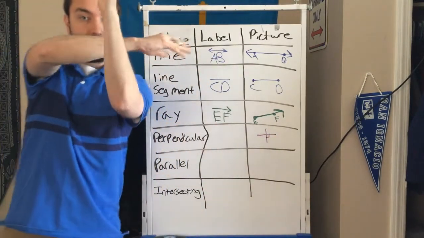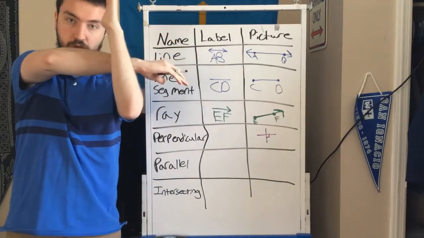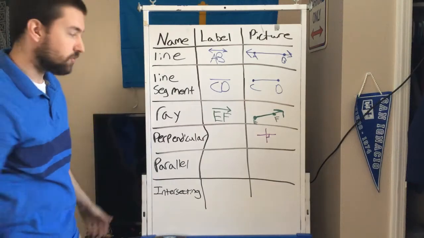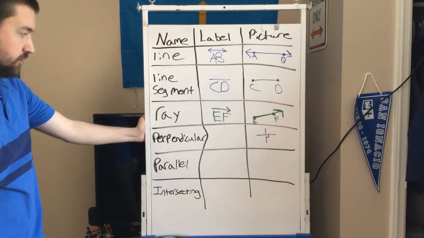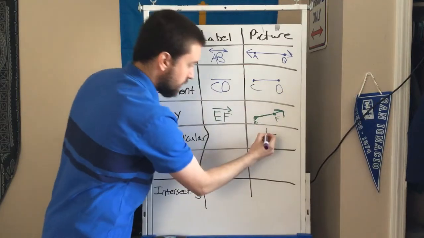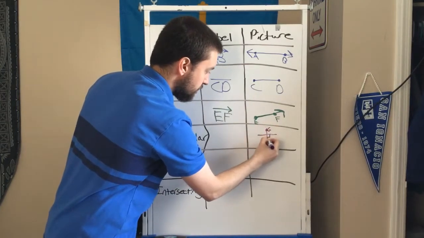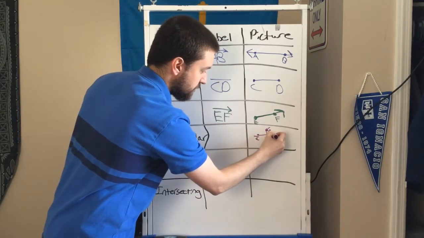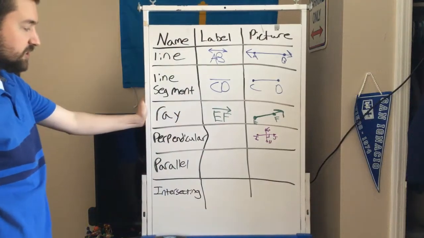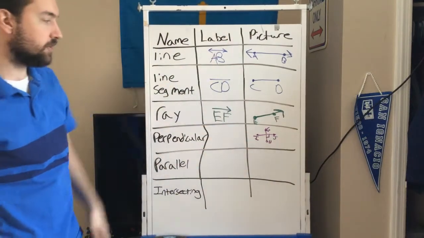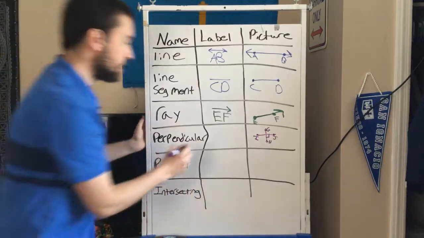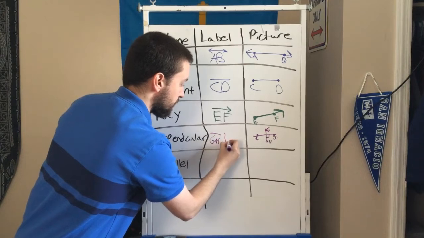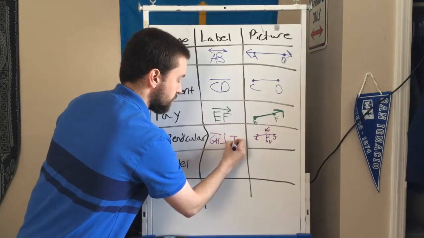They are two lines that come together in a perfect cross where all of the angles where those lines meet are 90 degrees. Let's say A, B, C, D, E, F. This is G, H, I, J. So to say that these are perpendicular lines, to give it a label, now this is some high-level stuff here, it would be line segment GH is perpendicular to line segment IJ.